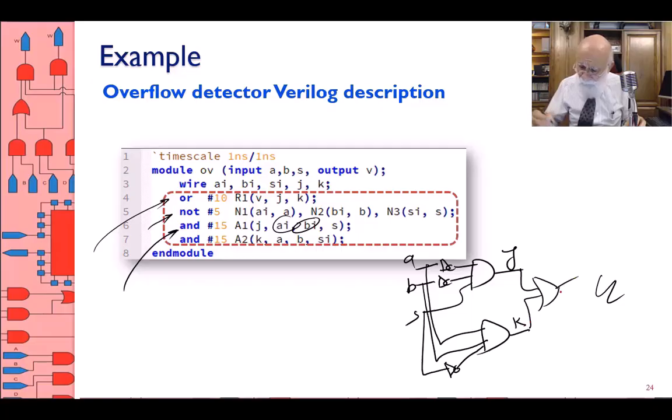Okay, and that's my overflow circuit as described here. And this is AI, BI, and this is SI, J, K, and this is the overflow circuit.